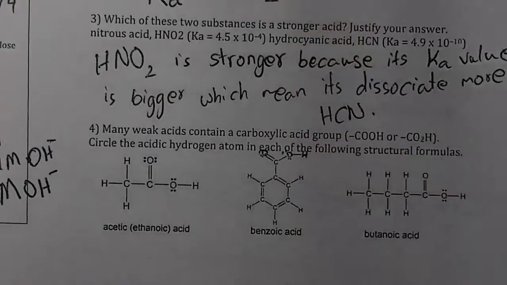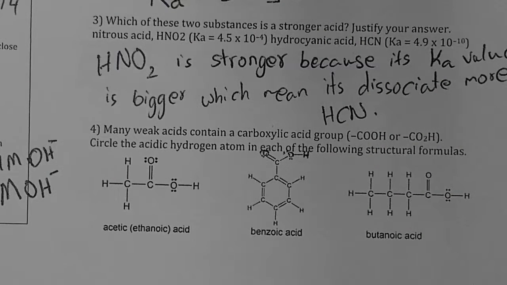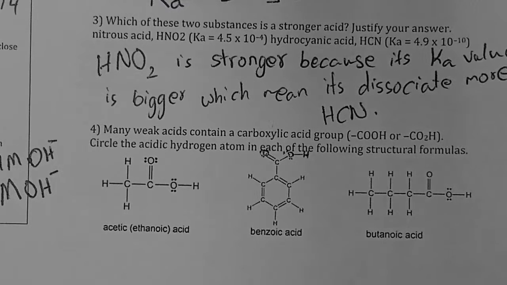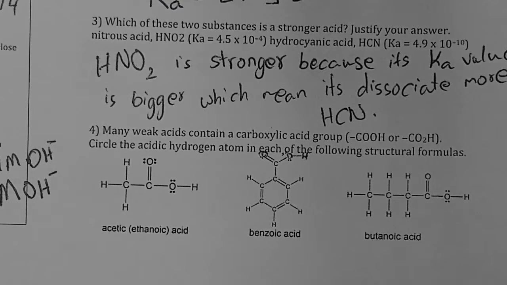So you're going to tell me which one is the hydrogen that is going to be dissociated. Here's an easy question. In an organic molecule like this, it's always on the COOH. That's the one that is going to become the ion and leak, basically.